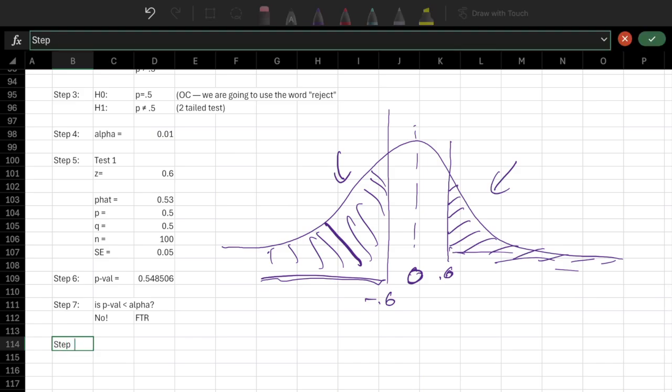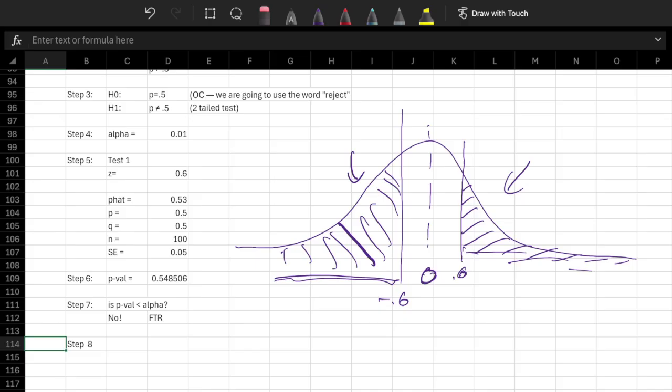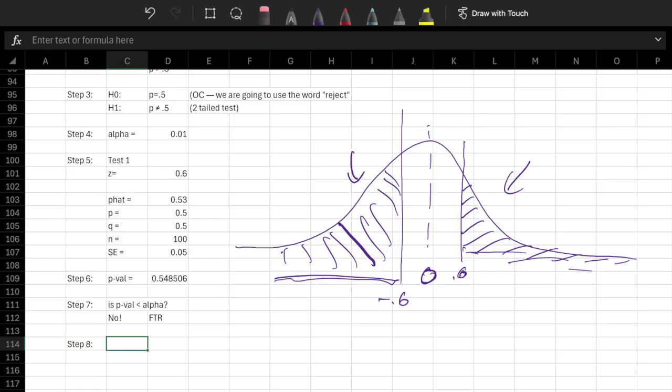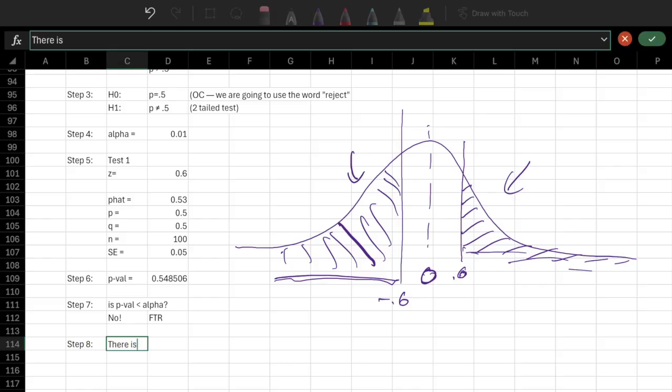So that brings me to step 8 now. So there is insufficient evidence. What is my evidence?